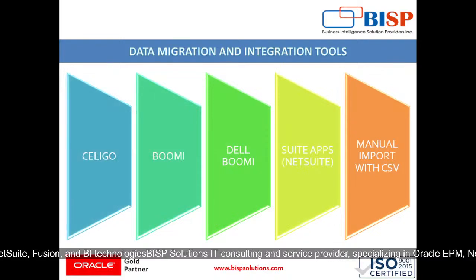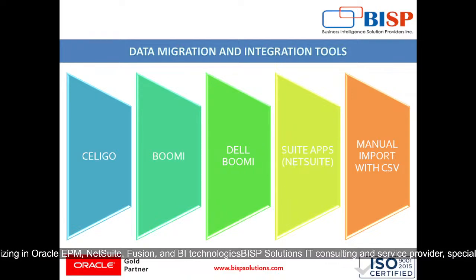So after that, we have discussed data migration and integration tools. First was Celigo, which automates data migration and integrates QuickBooks with NetSuite. Then Boomi, a cloud-based integration tool for seamless data transfer and syncing. Then Dell Boomi, which supports complex integrations and workflows.